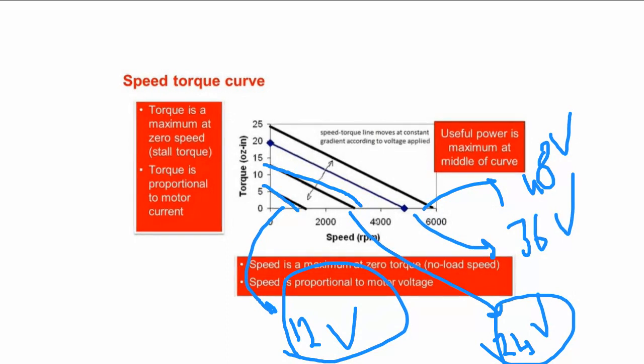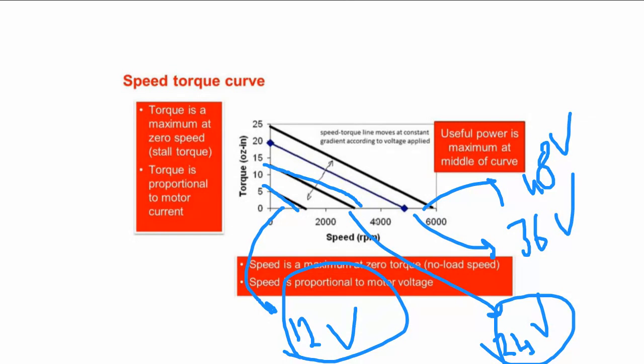Stall condition is very important. Torque is a maximum at zero speed. This means stall torque is the maximum torque at zero speed. It's called the stall condition, and that is the stall torque where the maximum amount of current, rather than producing speed, will produce high torque.